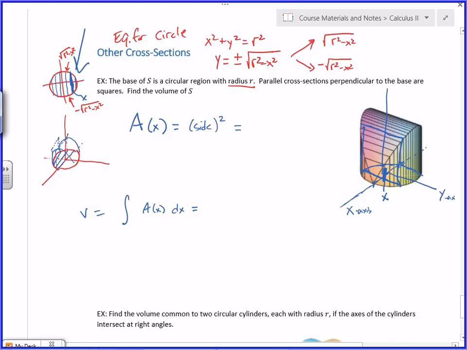So how long is that side? How long is that blue line at x? It's the top curve minus the bottom curve. Plus square root of r squared minus x squared. Why plus? Minus a minus makes it a plus. So you actually get 2 times the square root of r squared minus x squared.